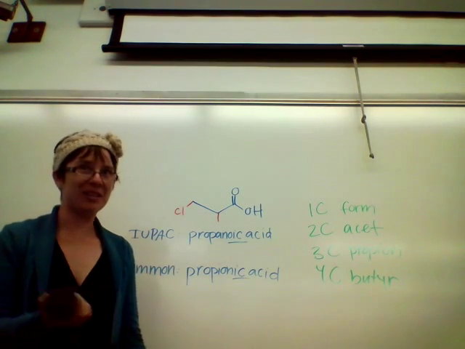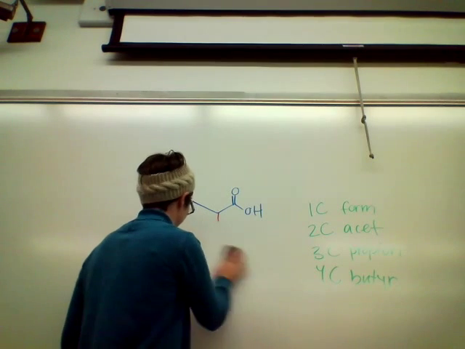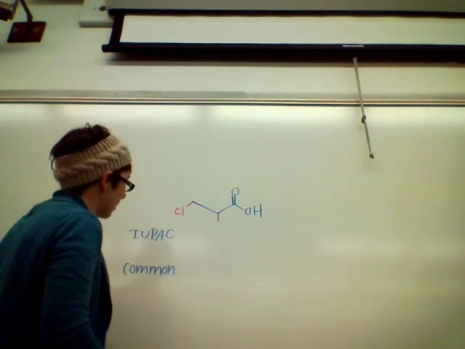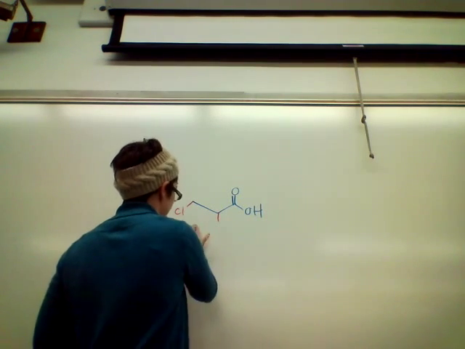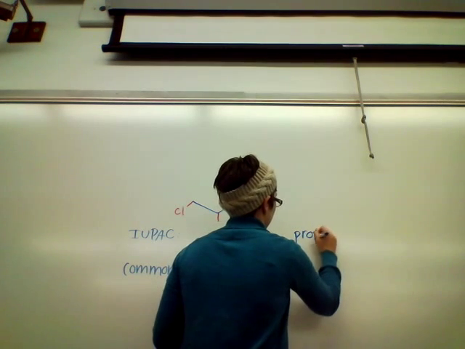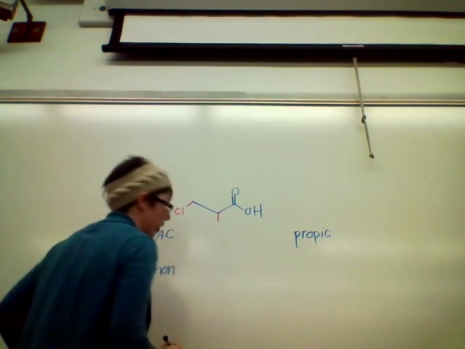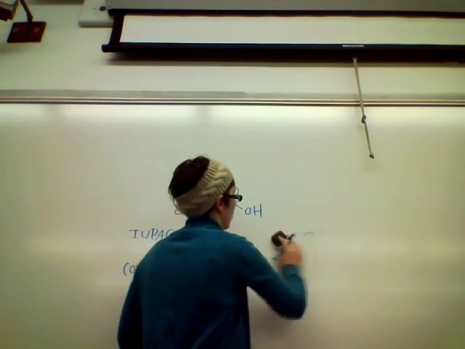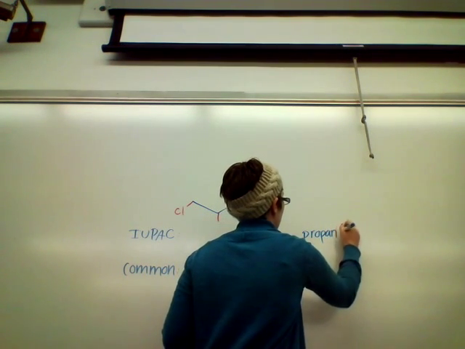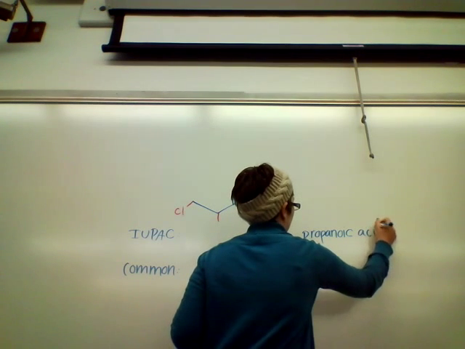Now that you've attempted this on your own, you see that it's still going to be propionic acid. That's still going to be the ending. Oh, I'm sorry. For IUPAC, it's not propion, it's propanoic. I was getting ahead of myself there. Propanoic acid.